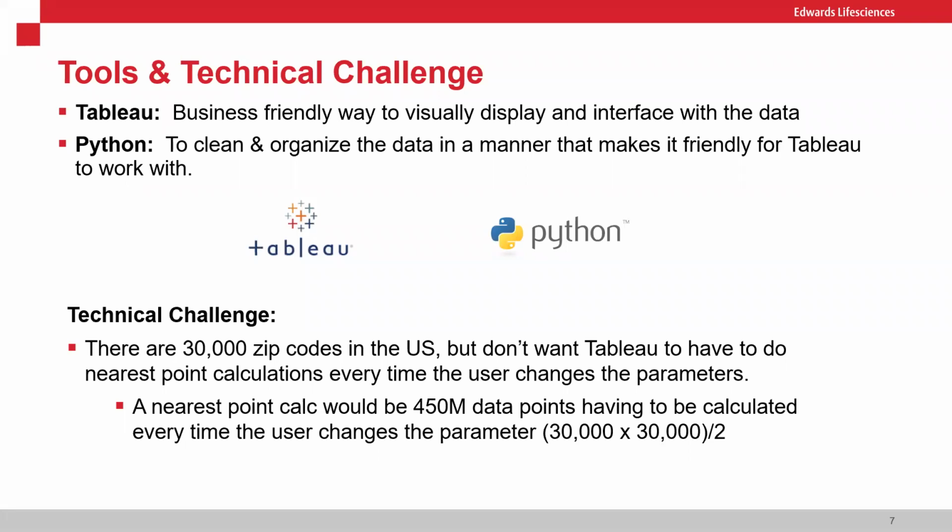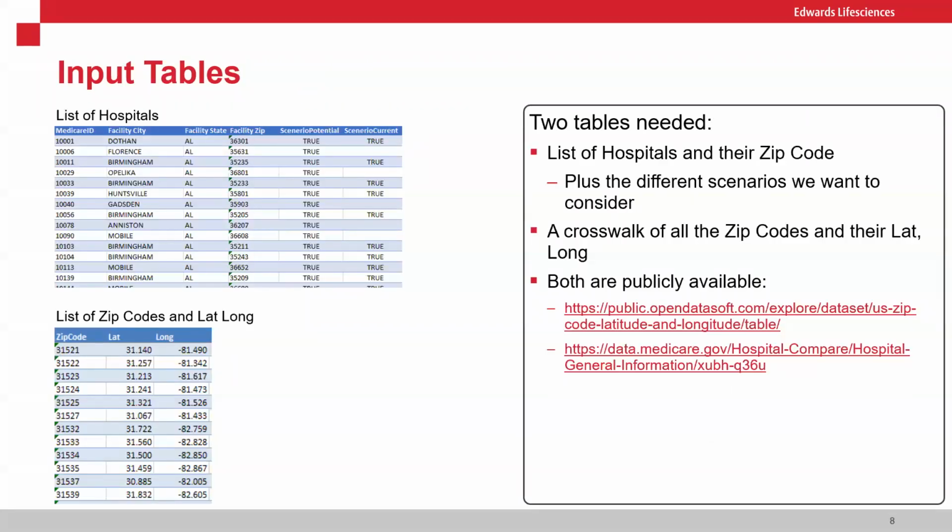Taking a look at what the input tables going into this would be, on the input side there are basically two tables. Both are publicly available. If people are looking for good data sets to play with, Medicare has a lot of great information that could be played with. You can look up by different procedures and coding and get a feel for which hospitals are doing what volume.